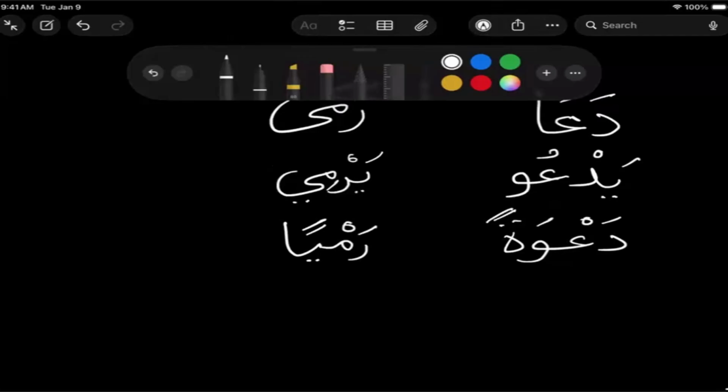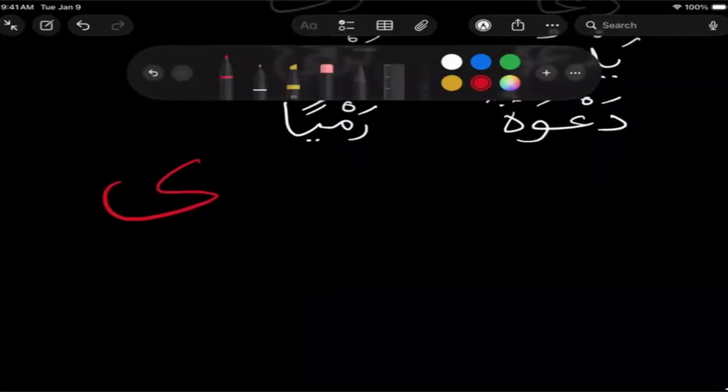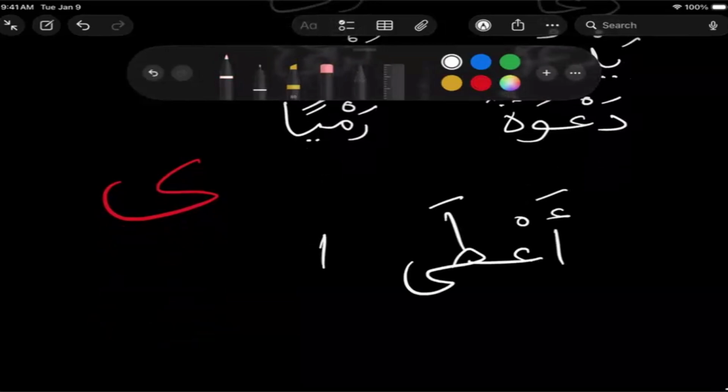And we took last time that once it becomes mazidun fihi, then it's always going to be written with an alif that's shaped like a ya. So we saw a'ta, and ishtara.